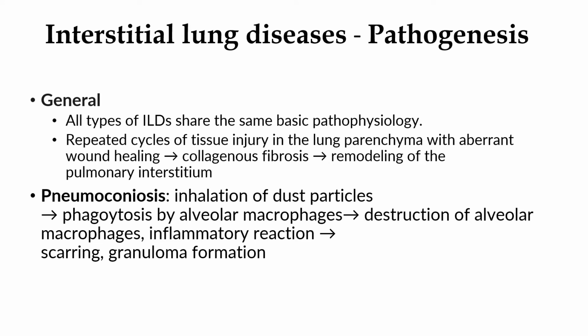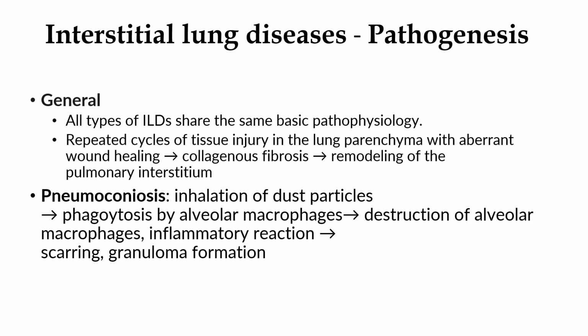Now, interstitial lung diseases, pathogenesis. Generally, all types of ILDs share the same basic pathophysiology: repeated cycles of tissue injury in the lung parenchyma with aberrant wound healing, altered collagenous fibrosis, and at last remodeling of the pulmonary interstitium.